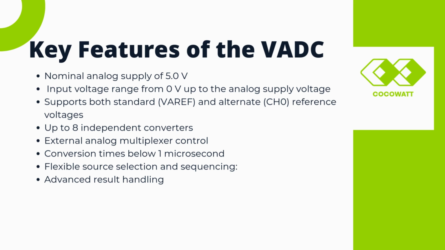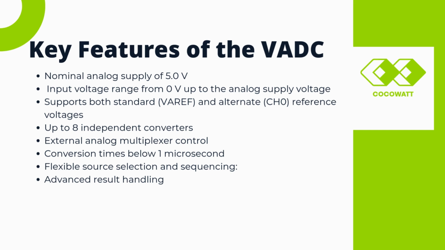It allows flexible source selection and sequencing, programmable single or repeat conversion sequence, automatic scanning for each converter or across all converters in the background, conversions triggered by software, timers or external events, and even cancel-inject-repeat mode for reducing conversion delay on priority channels.